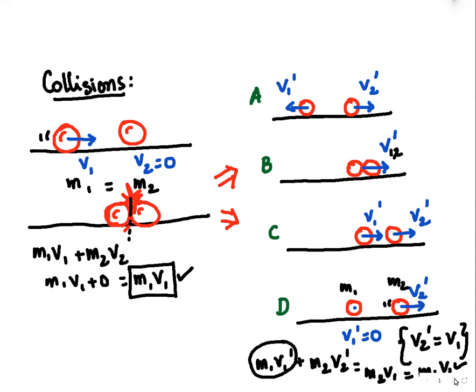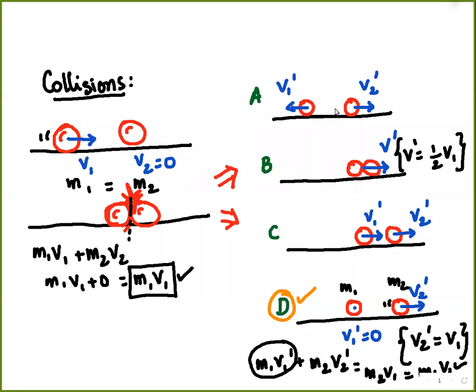Since the momentum is m1 v1 and that is the original momentum in the system, situation D is a valid situation, correct? So this is doable. Similarly, now try to see if you are able to prove the other situations, whether they are plausible or not plausible. Go.